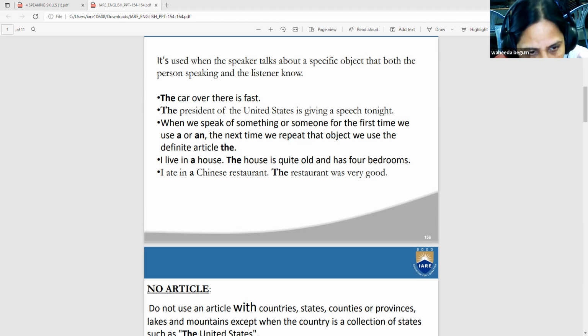With ordinals, for example, he was the first man to arrive. The ninth chapter of the book is remarkably interesting. Another example with ordinals: he was the man of the match. Before an adjective, when the noun is understood, for example, the poor are always with us.